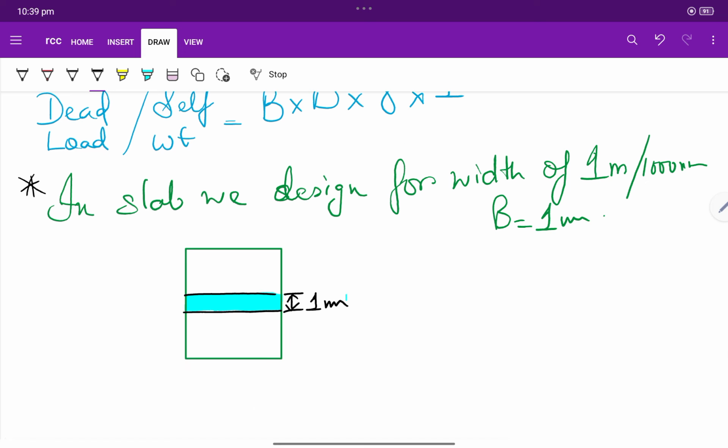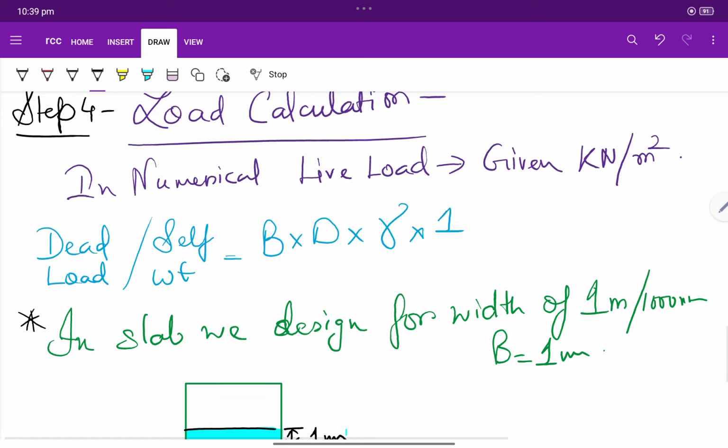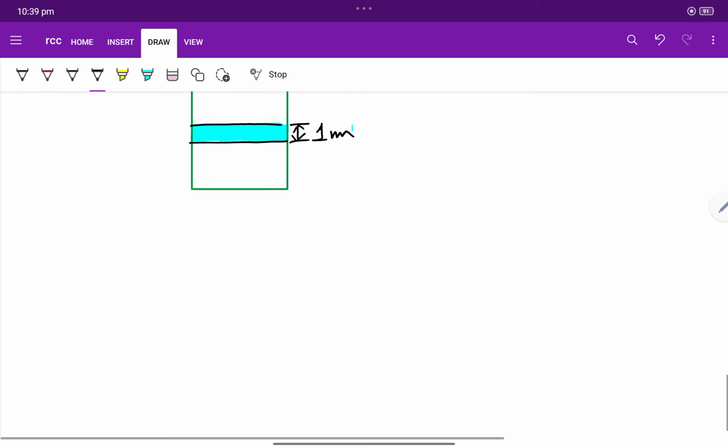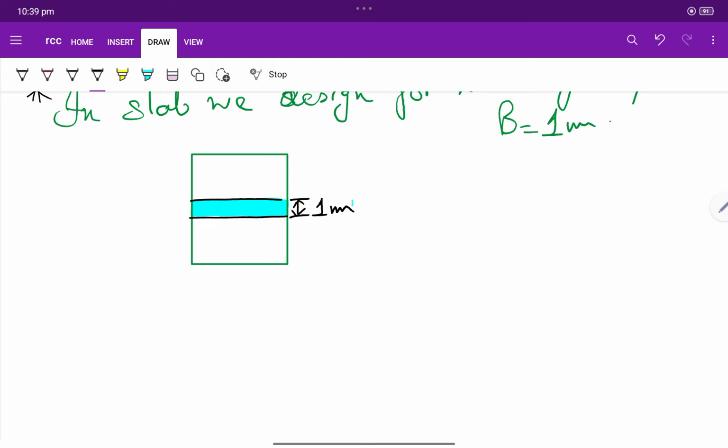After that, we have done the live load and seen the dead load. Now we will see the floor finish. Once concreting has been done, we will not just leave it like that. We can do marble, tiles, or a wooden finish. So there is some weight of floor finish, which we call floor finish.